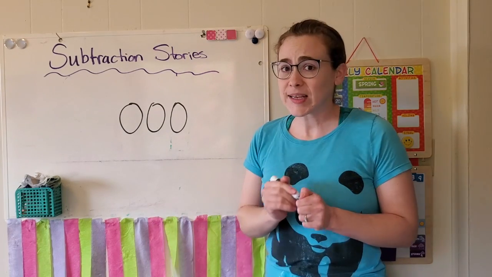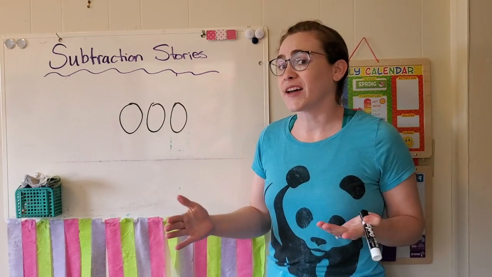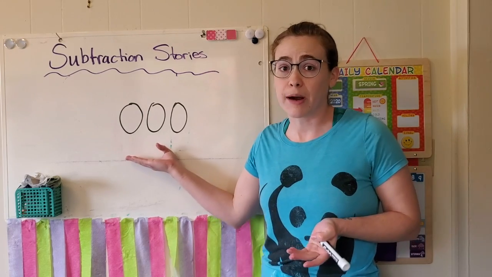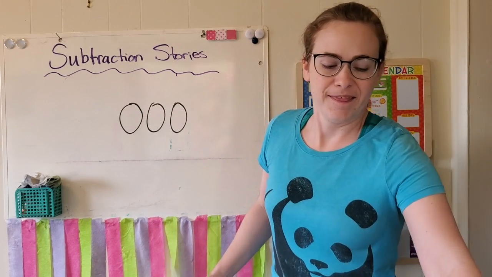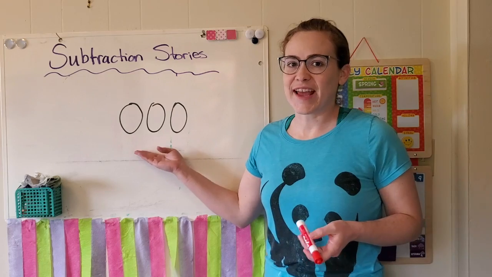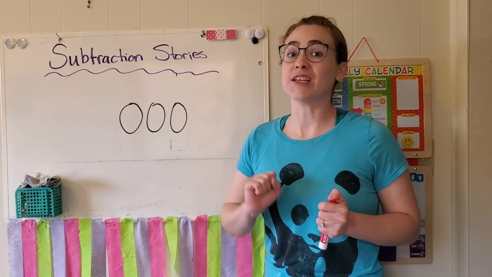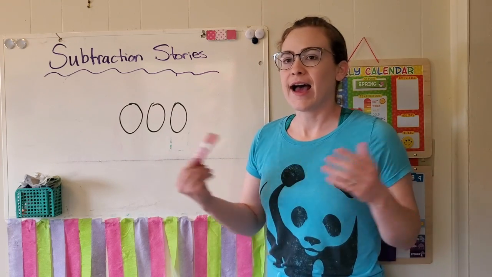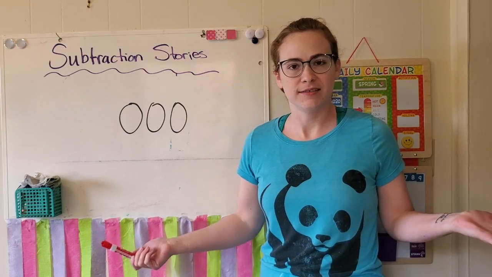Now, eggs are pretty easy to draw, so I've decided that I'm actually going to draw eggs to represent my eggs. All right, I had 3 eggs. I decided that I wanted to eat 2 eggs for breakfast. How many eggs are still in my carton?